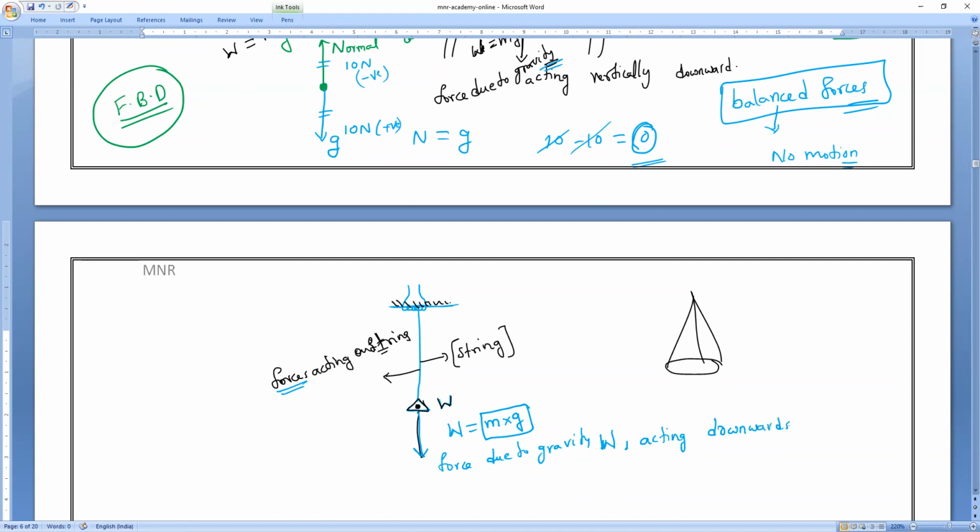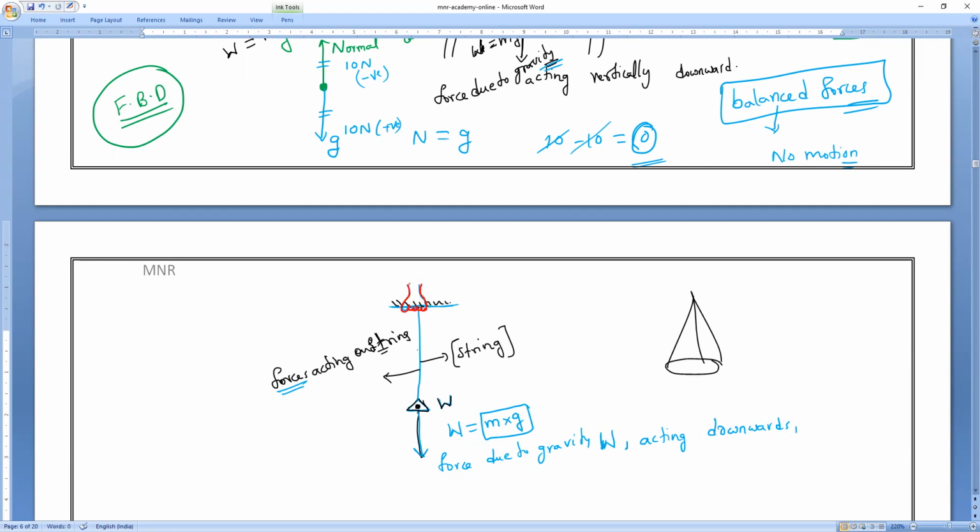Acting downwards. Now, if due to gravity the force is exerted downwards, then this weight also exerts some upward force on the string. That force, observe very carefully, is the force exerted by the hand.